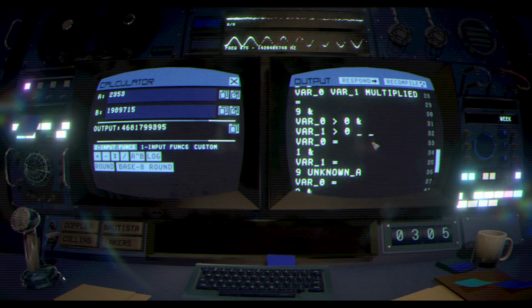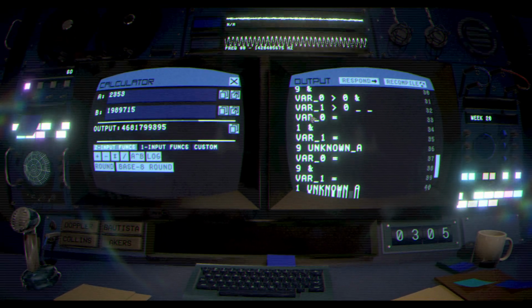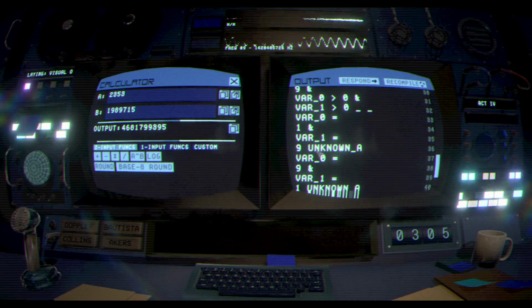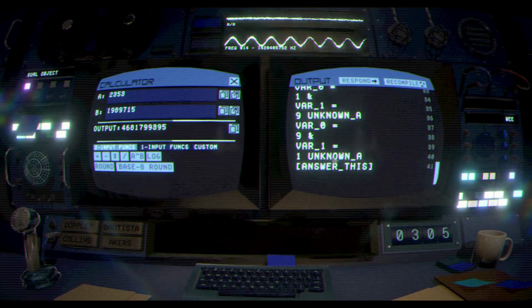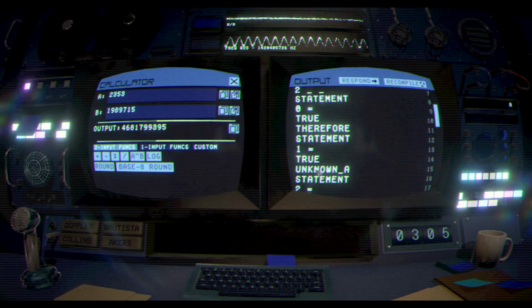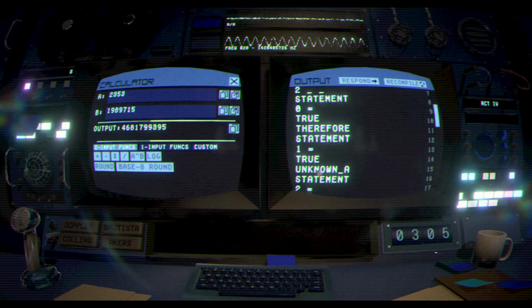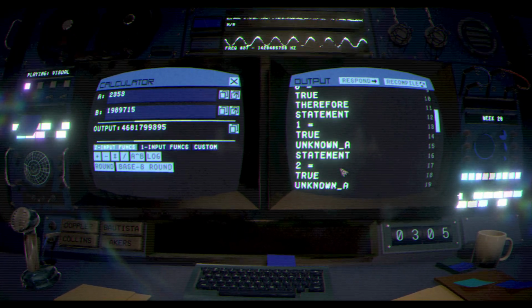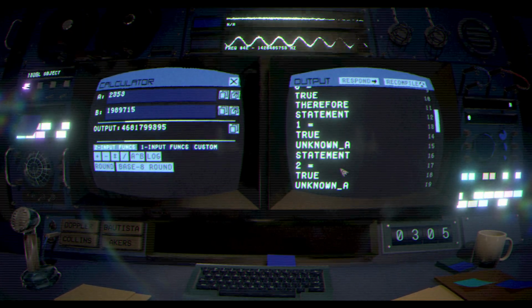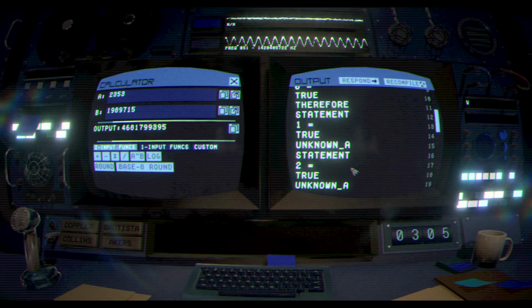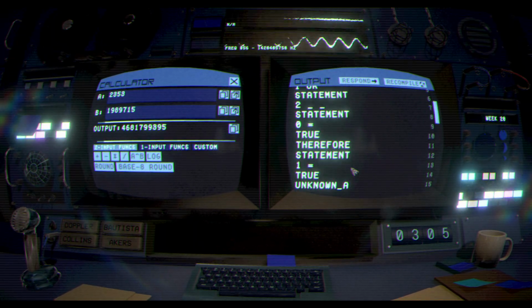Where are we putting the unknown A? So we're saying var 0 equals 1 and var 1 equals 9, unknown A. Var 0 equals 9 and var 1 equals 1, unknown A. Do I have to do the transitive, the equivalent where I say both sides? Because they're saying statement 0 equals true.